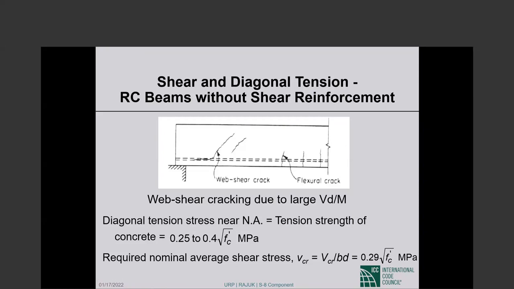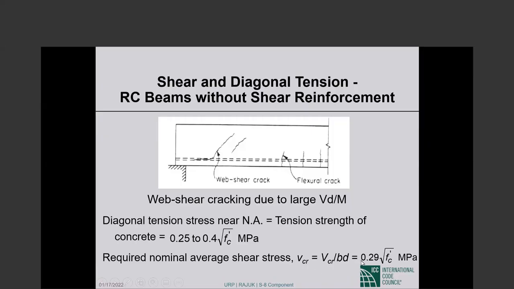So the shear at cracking, V sub CR, the shear corresponding to this web shear cracking, that's what we are calling V sub CR. The stress at web shear cracking is lowercase v sub CR, that is uppercase V sub CR, the shear force that causes web shear cracking, divided by bd. b is the width of the beam, d is the effective depth.